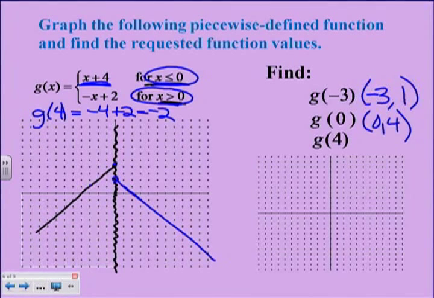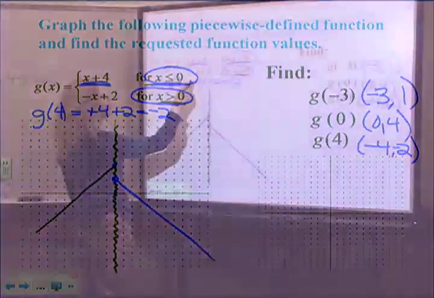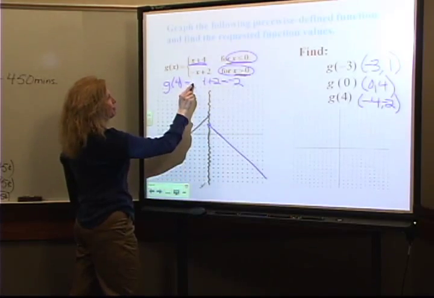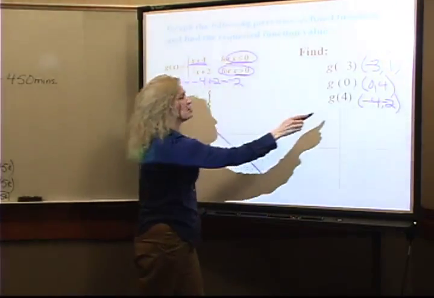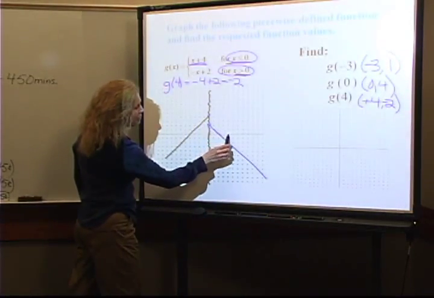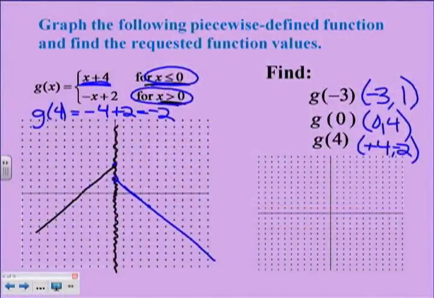So the point 4, comma, negative 2 should be on the graph. Oh, I know why. It was a negative 4 there, sorry. But then I got crazy over here. It's a positive 4 here. So I go to positive 4, 1, 2, 3, 4, negative 2, and there we be. Okay?